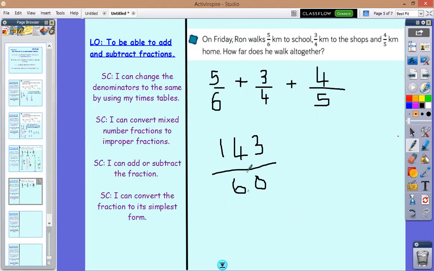That will be 2 lots of 60. So that would be 2 kilometers with 23 over 60. So that's how far he's walked altogether. I hope that's helped. There's a different way you could solve this, but have a go and see what you can get. Thank you.